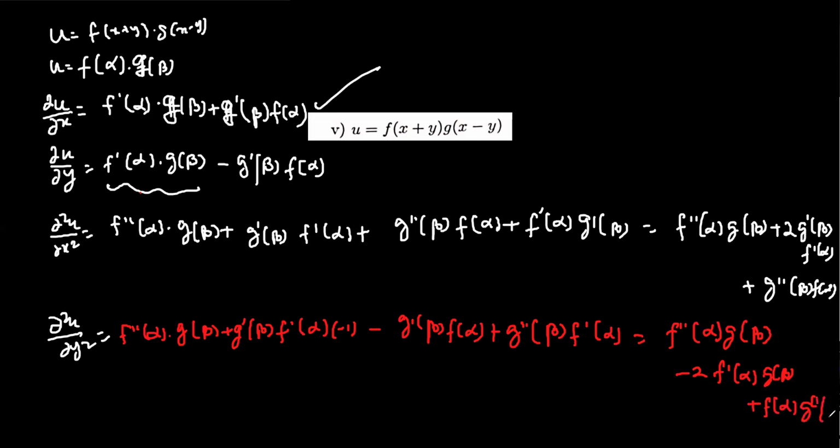Okay. Now see, we have to eliminate f dash and g dash from both equations, right? So when you add this, or when you take the subtraction, you will get del square u upon del y square.